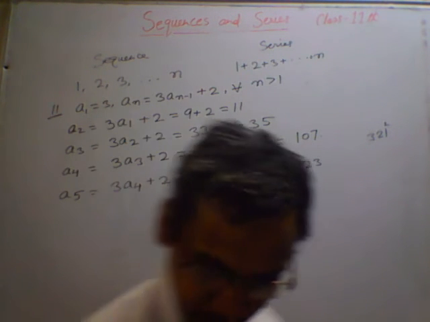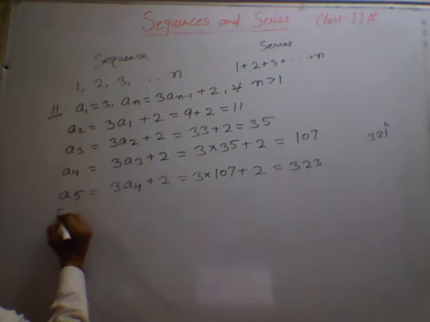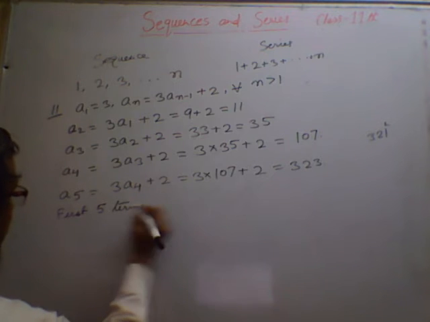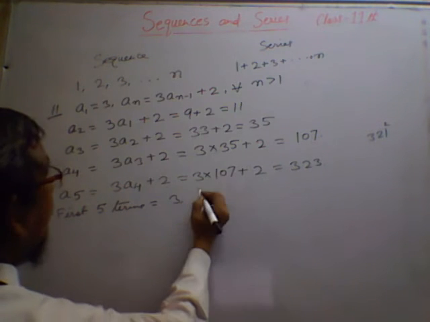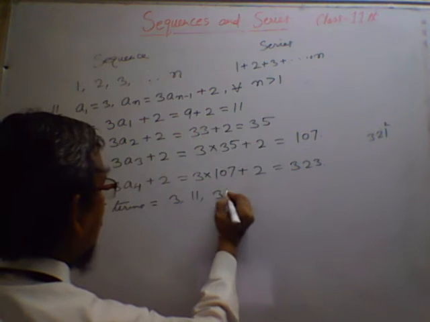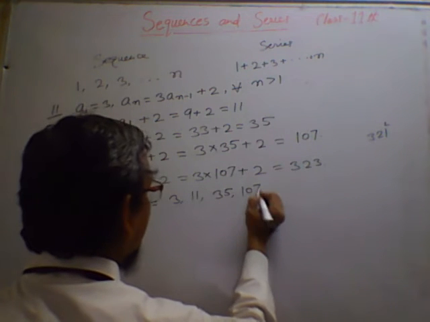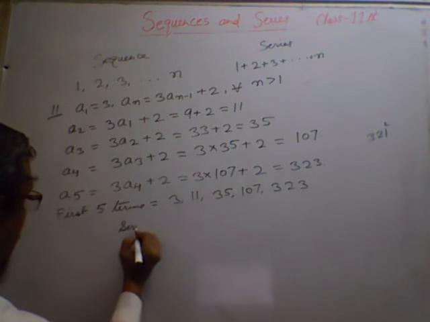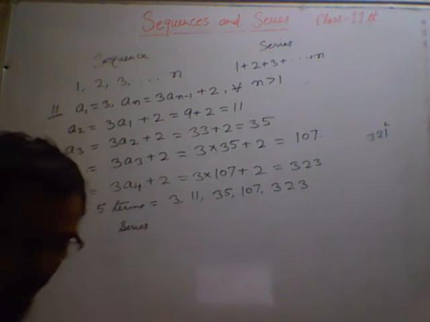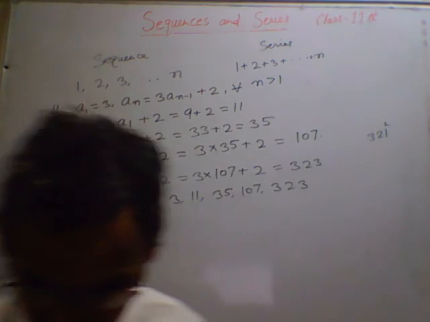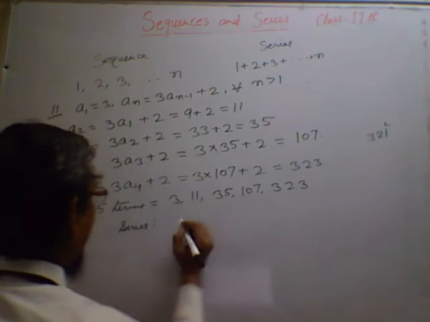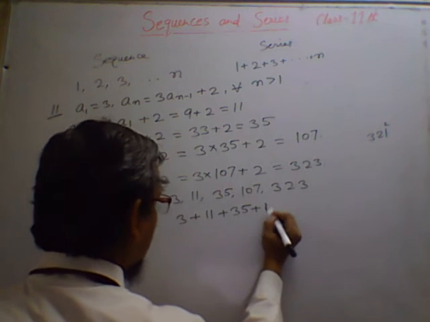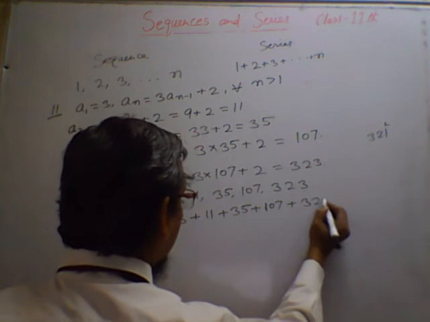So the first 5 terms are 3, 11, 35, 107 and 323. And then we will write the series with a summation: 3 plus 11 plus 35 plus 107 plus 323.